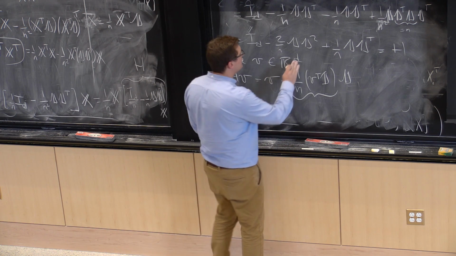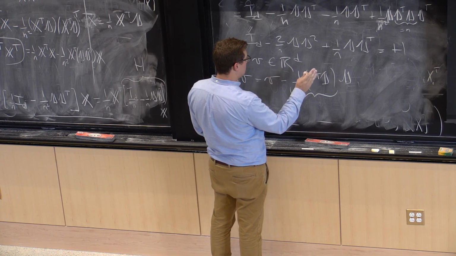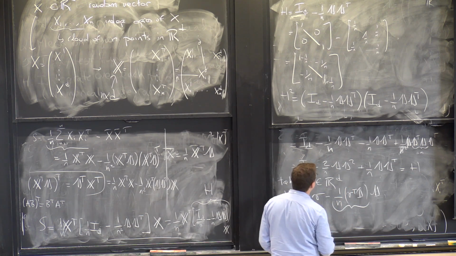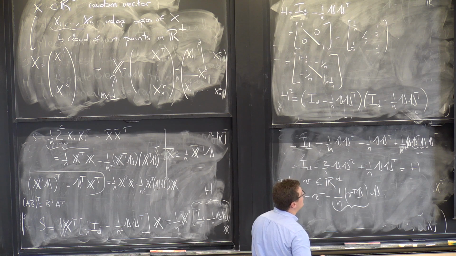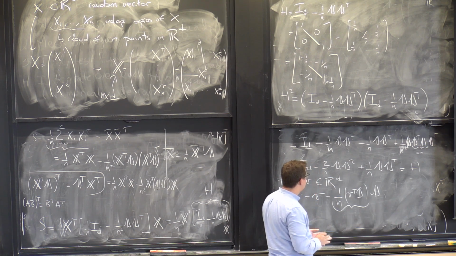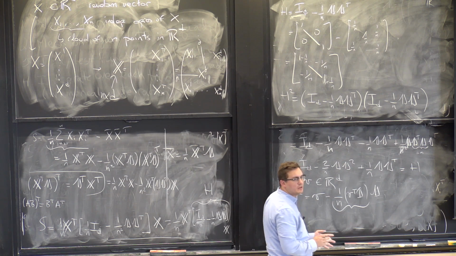Sorry, now V is in R^d, right? So why do I divide by n? So it's not really V bar.